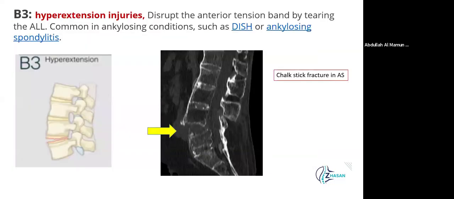And number three is anterior tension band injury. It usually occurs in ankylosing spondylitis, as a hyperextension injury. The injury runs anteriorly through the disc, and you can see the arrow, a chopstick fracture in AS. The anterior longitudinal ligament is disrupted. So this is hyperextension injury, B3.